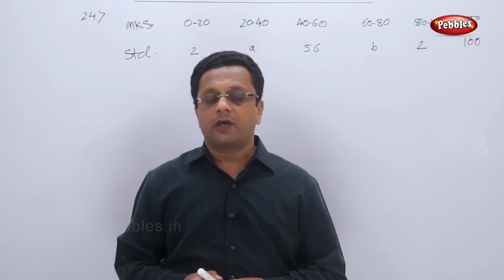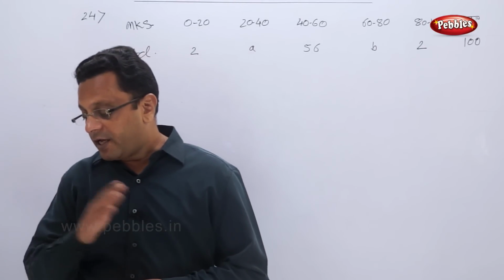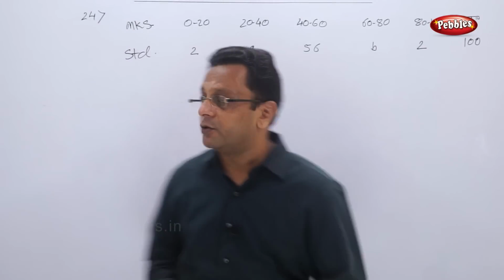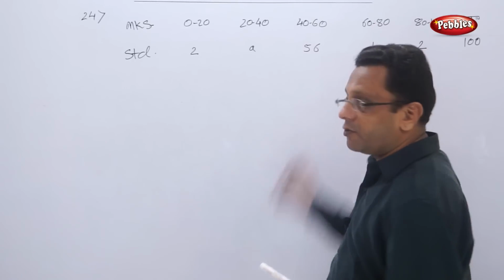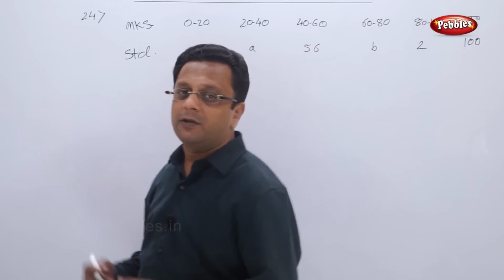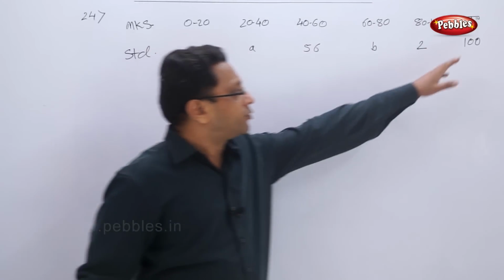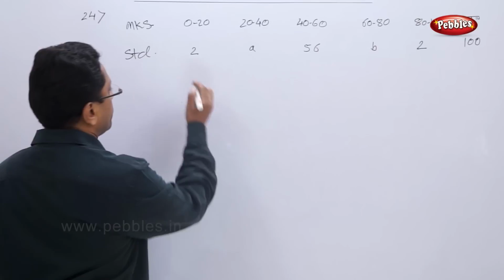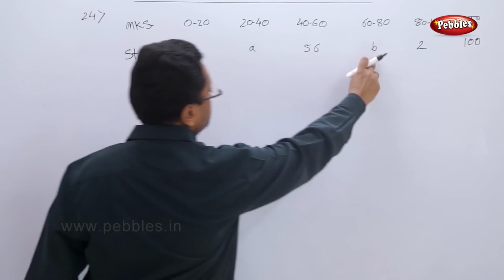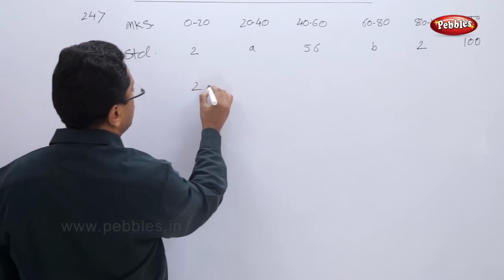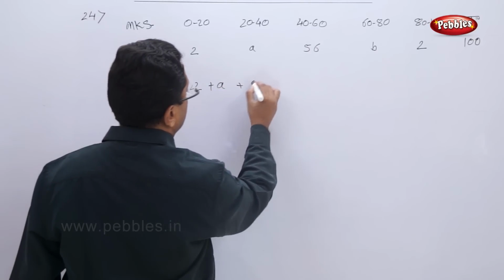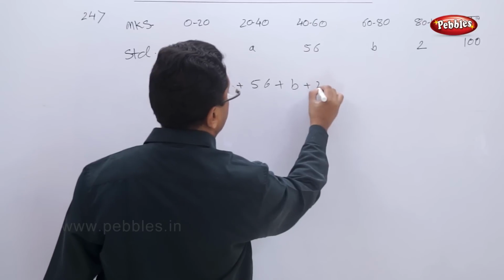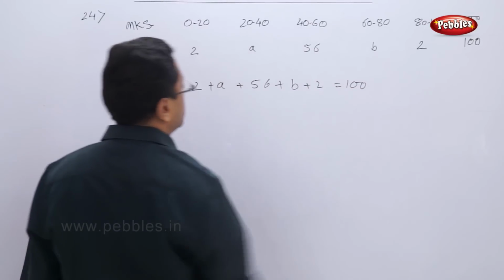One more piece of information given is that A and B are equal, and we have to find their values. It is very easy. If the total number of students is 100, then 2 plus A plus 56 plus B plus 2 is equal to 100.